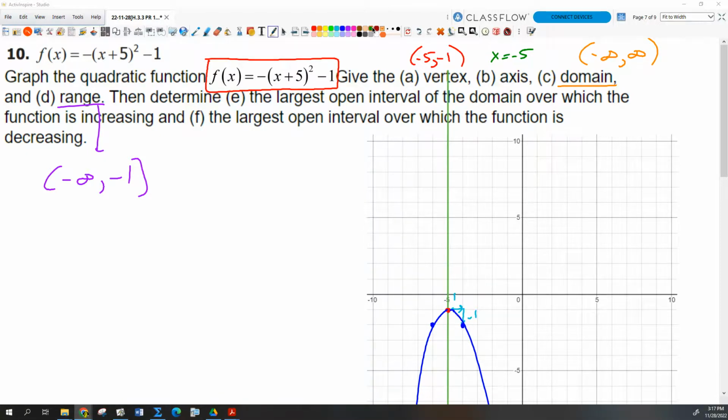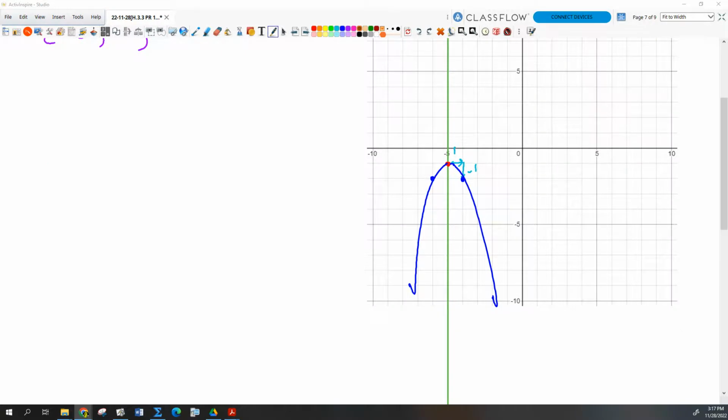What about, we need a new color here, we'll go brown. What's the largest open interval of the domain where the function is increasing? So where is this function increasing? What's the rule for increasing? How do we know when a function's increasing?